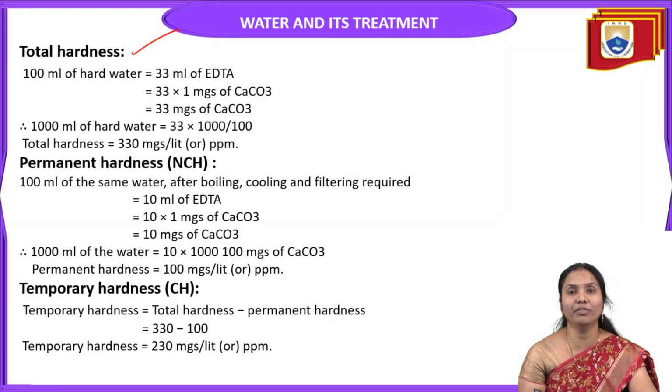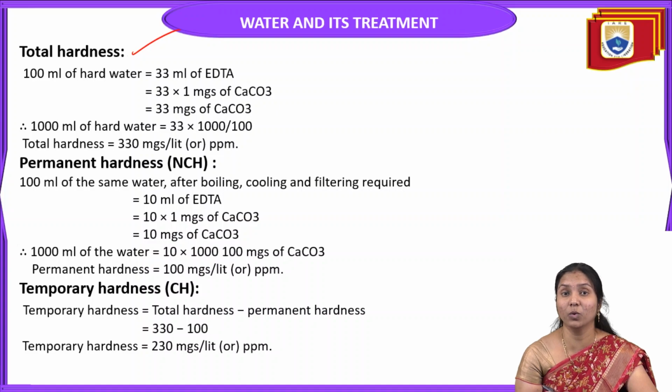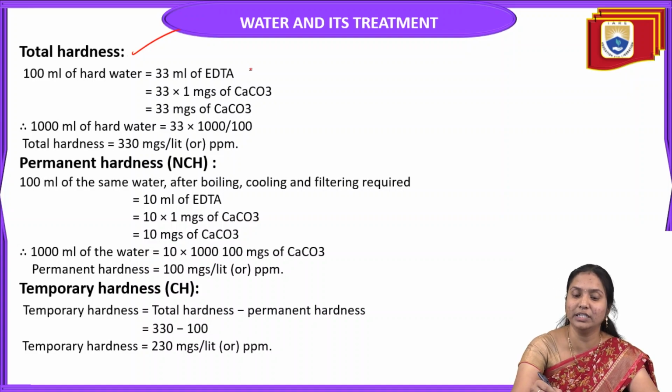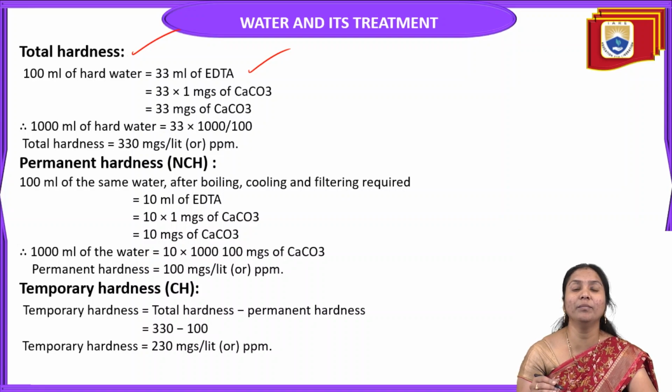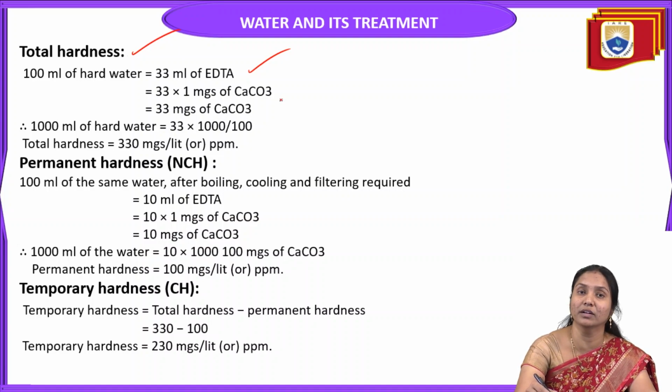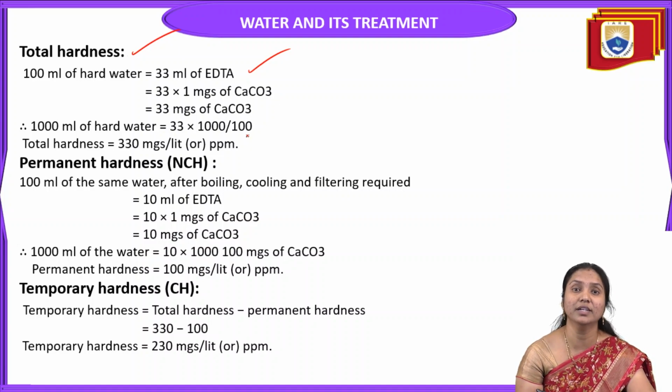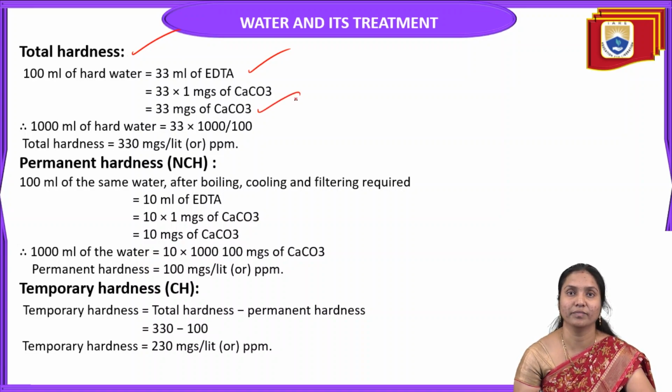So 100 ml of hard water requires 33 ml of EDTA, as given in the data. So how many milligrams of calcium carbonate is required? For 100 ml of hard water, that means 33 into 1 milligram of calcium carbonate, so it is equal to 33 milligrams of calcium carbonate.